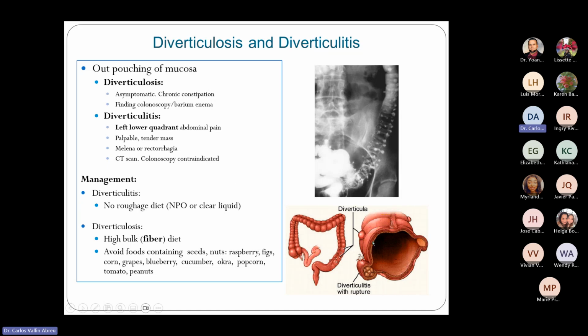But one day, one of those pouches can become obstructed and then develop inflammation. Now pain will appear in the left lower quadrant, the area where the diverticuli are present. Appears pain, fever, and symptoms of inflammation, leukocytosis, etc.